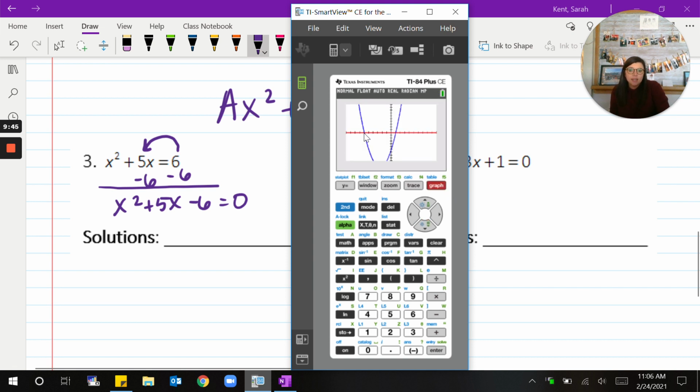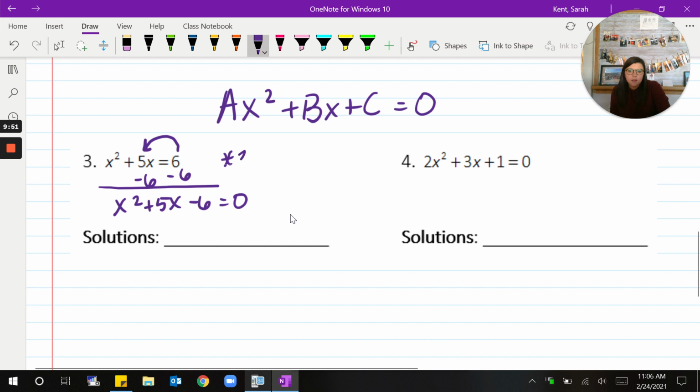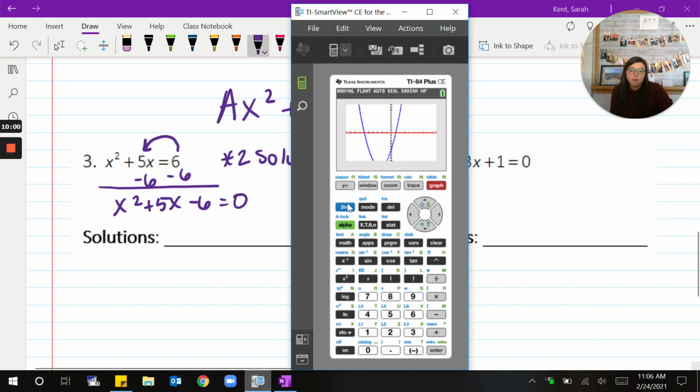So I look, again, I'm going to have 2 solutions. So I'm going to make a note here that I need 2 solutions. So to get 1, we press second trace, there we go, 5, and then enter, enter, enter.